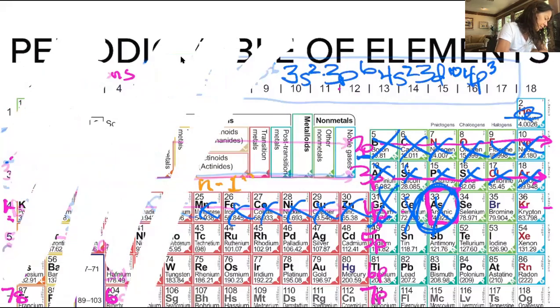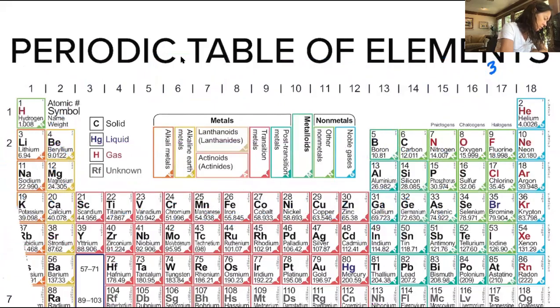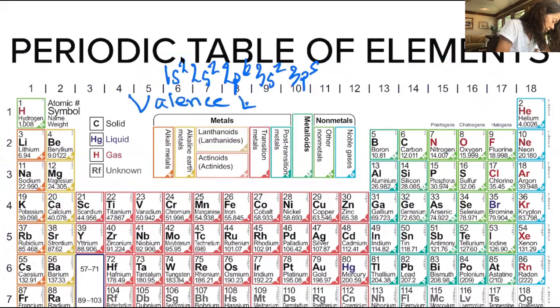So what you need to realize, first of all, is that arsenic looked like this. Well, let's look at chlorine. Chlorine looked like this: 1s2, 2s2, 2p6, 3s2, 3p5. That was chlorine, okay? Now, let's write this in your notes. We need to write valence electrons, right?